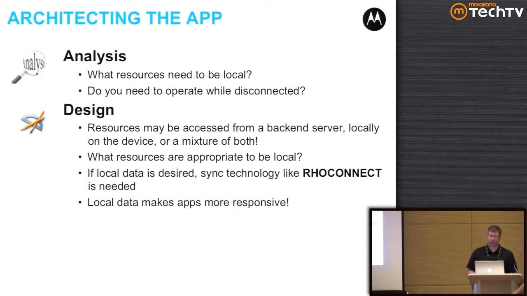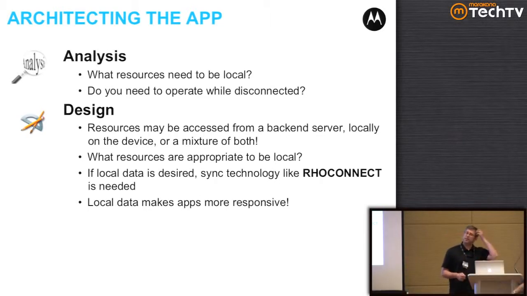Okay? So let's talk about the design. Right? One of the design options that you have is that your resources may be accessed from a back-end server or locally on the device, or a mixture of both. Right? Remember, we talked about the fact that you can think of RhoElements as having your own web server on your device.